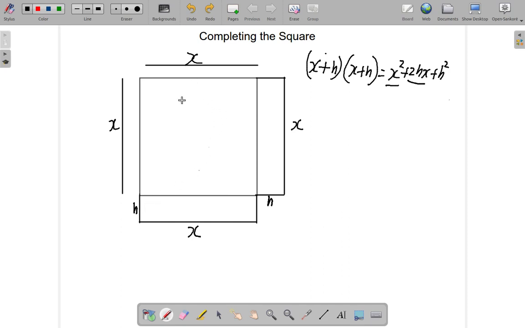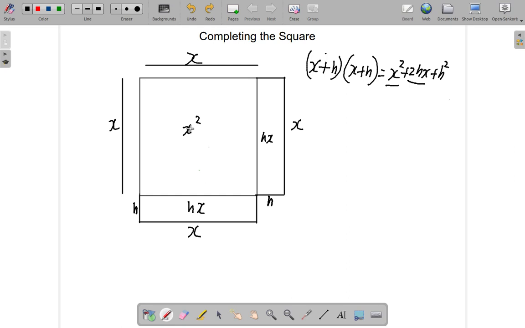So what I have is the area of this square is x squared. The area of this rectangle is hx, and the area of this rectangle, because it says h multiplied by x, is hx.